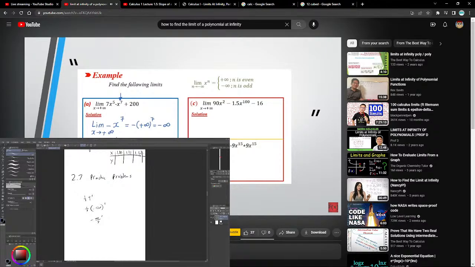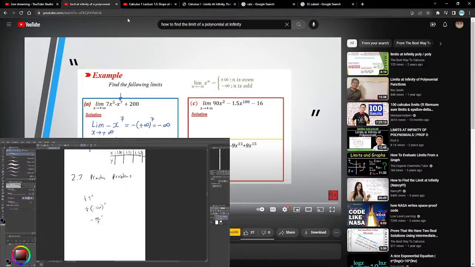Okay, the answer will be negative 5 multiplied by positive infinity, which equals negative infinity. Okay, so you gotta remember that the sign is going to be positive if it's even. And that's only for negative infinity. You have to worry about that.